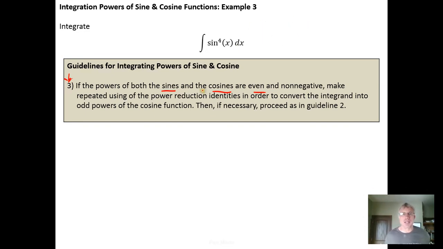And the guideline indicates that we just want to make repeated use of the power reduction identities from trigonometry, and we want to continue to use it until we either get something that we can integrate, or if we wind up with an odd power of the cosine function, which could happen, then you just switch to guideline 2 from the previous video, which for this homework assignment I believe is video 3.